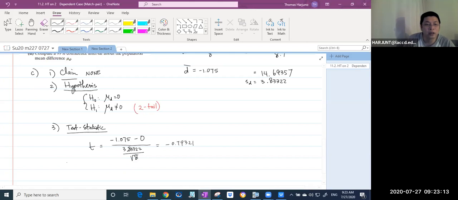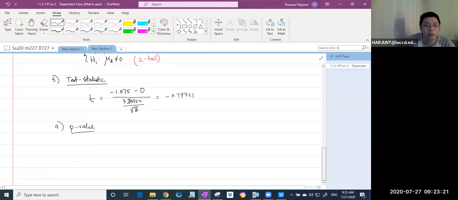Okay, and then step 4, the p-value. That's a two-tail. Negative 0.79321. I need to find the area here, but then I double it.